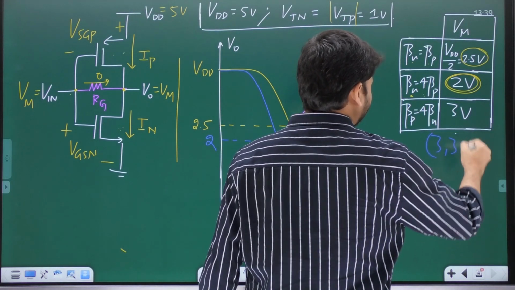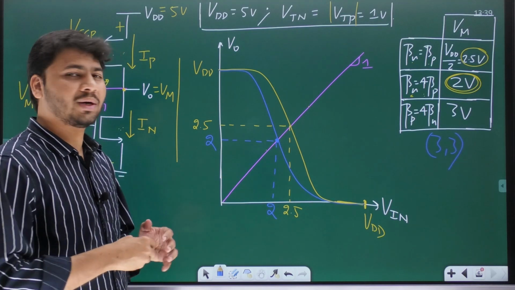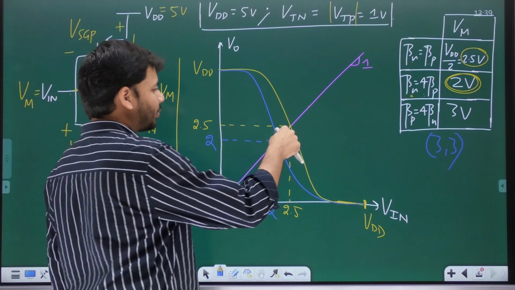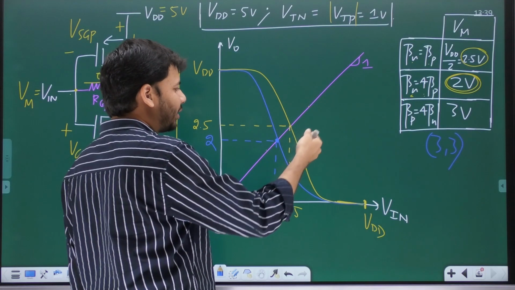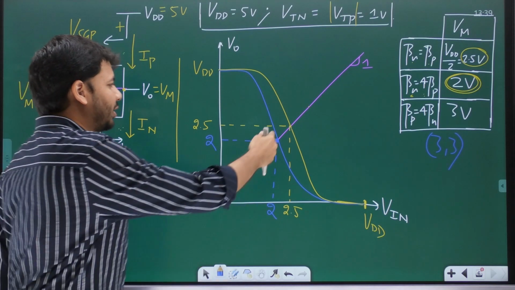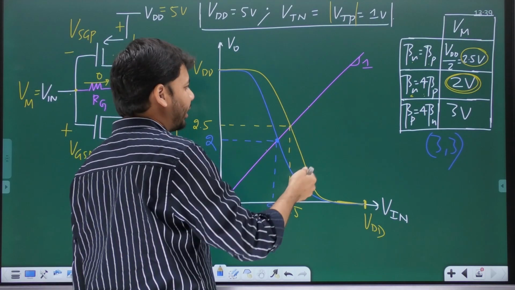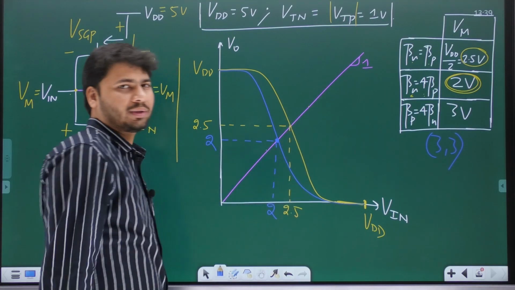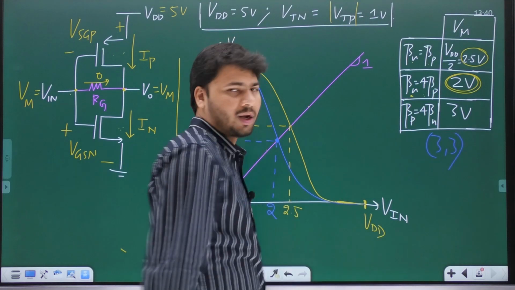The new coordinates of the switching threshold for the third case are 3 comma 3. This point is 2.5 comma 2.5. This point is 2 comma 2. So where will 3 comma 3 be? Will it not be to the right of this point? It means this yellow color VTC should get shifted to the right. Only then the point of intersection will get shifted to the right, such that the coordinates will be 3 comma 3.